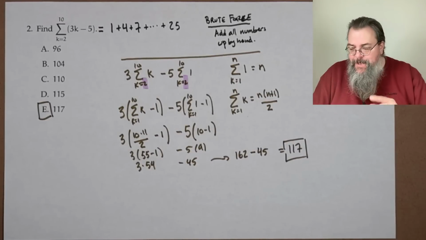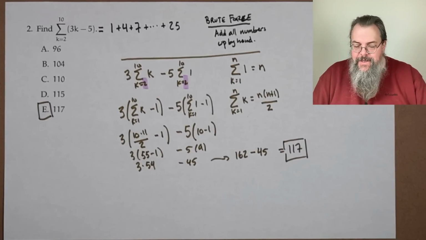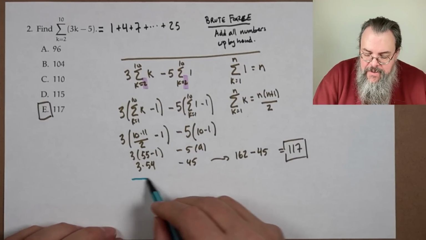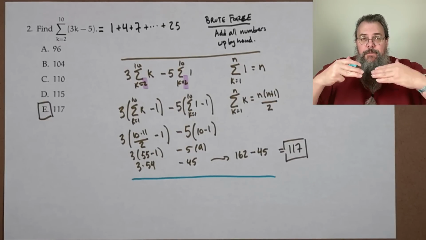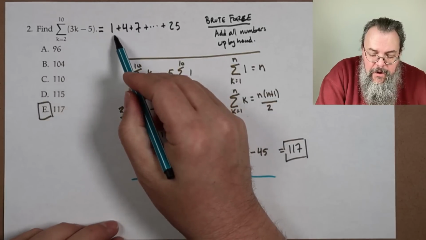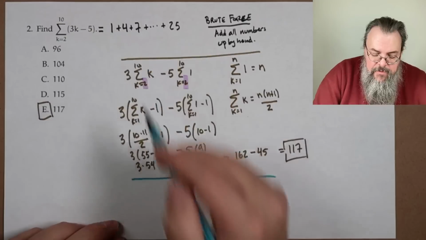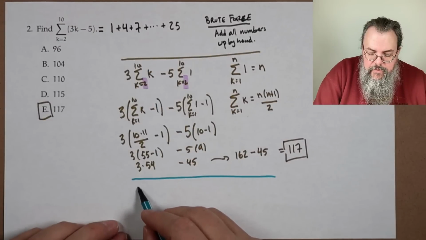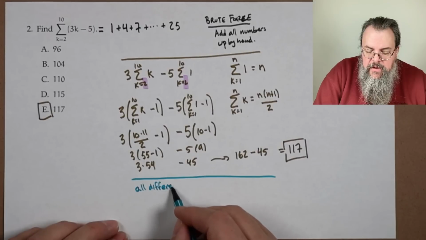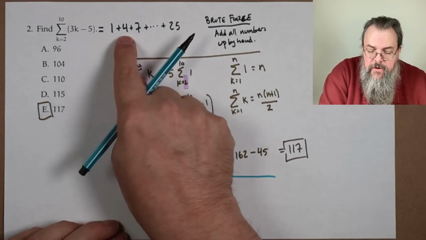But I do want to point out one other thing you can do. And here's a fun approach. Now, this only works if what you have has a very special form. So if all the differences are equal, in other words, consecutive terms, 1 to 4, 4 to 7.